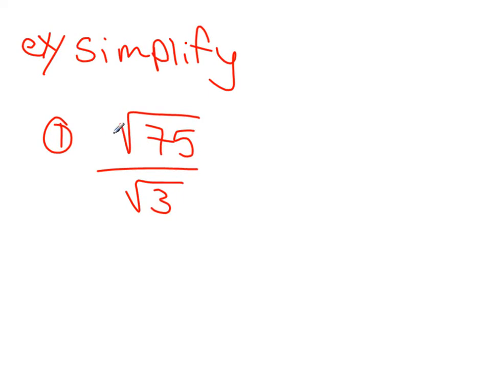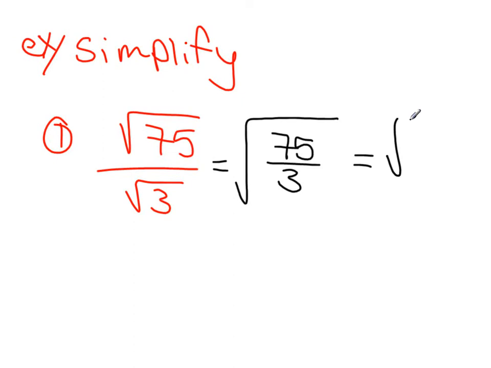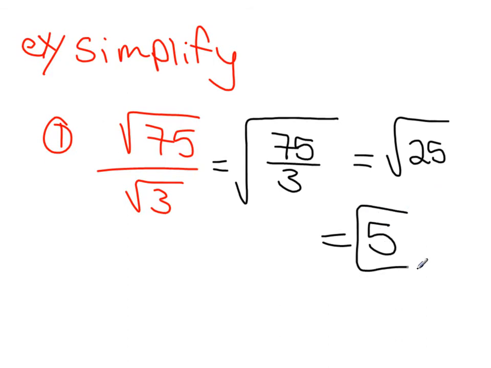But truthfully and honestly, the easiest way to tackle this is notice 75 is not a perfect square, and neither is 3. But maybe, and just maybe, we hope that if we put them under one radical, and we reduce the radicand, like 75 divided by 3 is 25, that now we end up with a perfect square. And 25 is a perfect square. The square root of 25 is just 5.